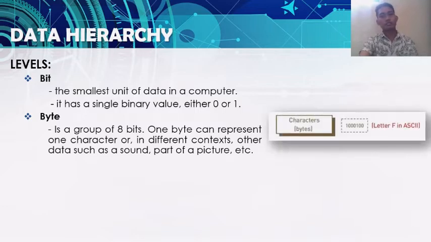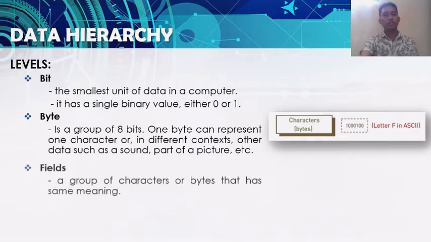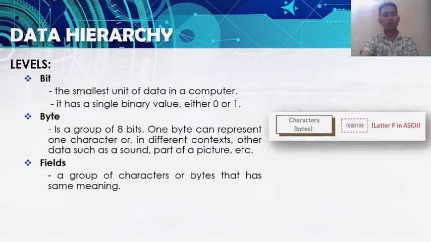As you can see in the picture, there are 8 bits, 10000100, which represents the letter F in the American Standard Code for Information Interchange. Next are the fields, a group of characters or bytes that has the same meaning.